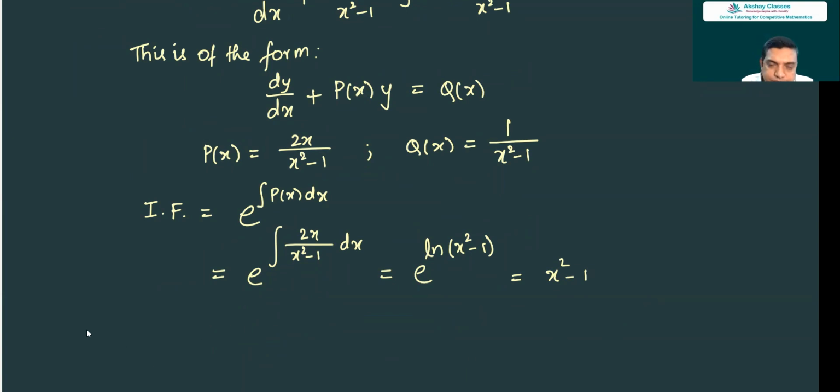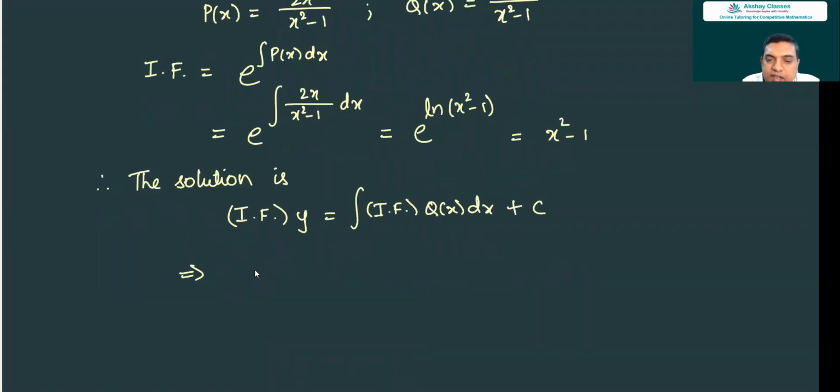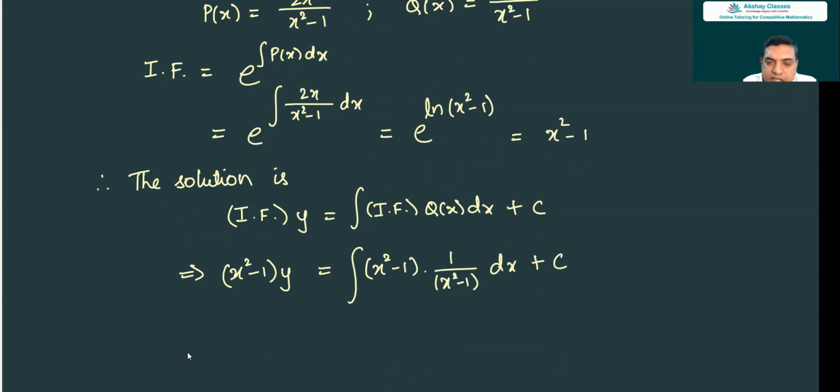So therefore, the solution is integrating factor times y is equal to the integral of integrating factor times q plus c. So (x² − 1) times y is equal to the integral of (x² − 1) times 1/(x² − 1) dx plus c.